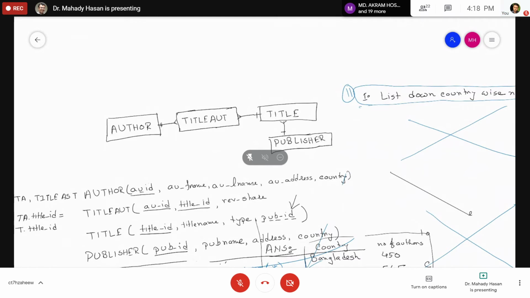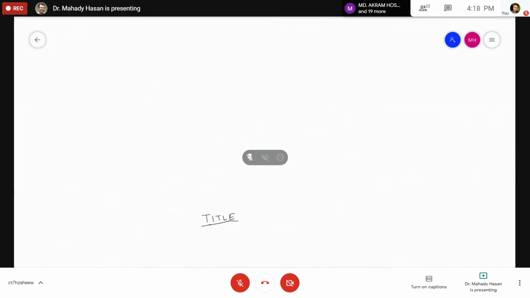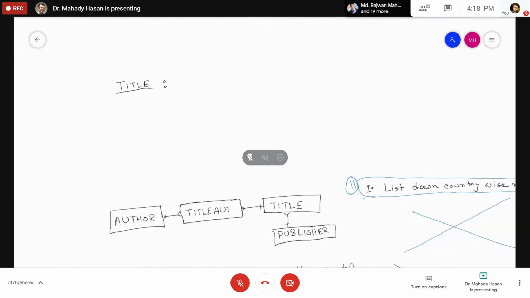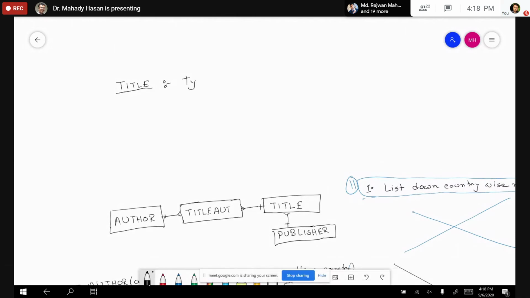Now, if we want to find types of book and number of books in each type, I believe we have done that, right? We simply say select, what we say?